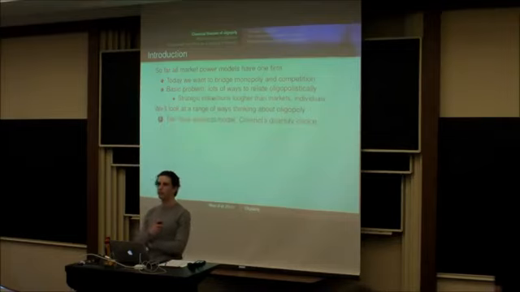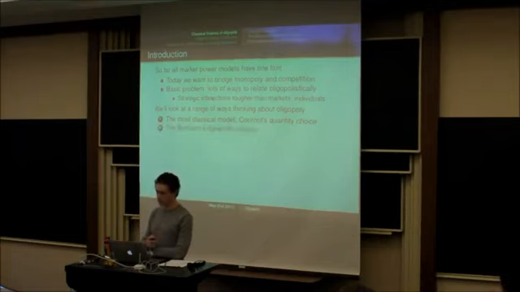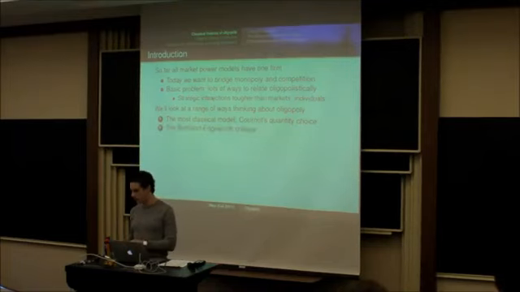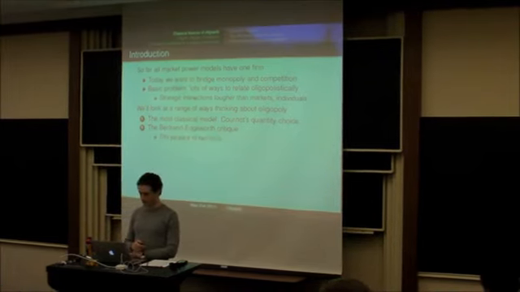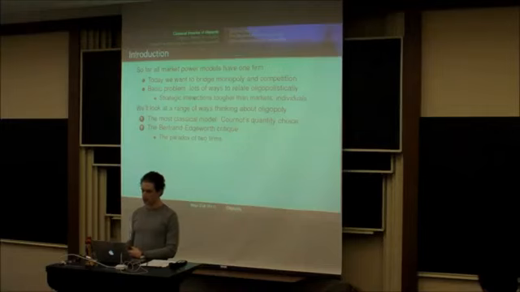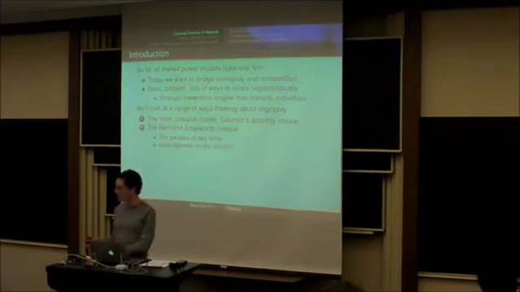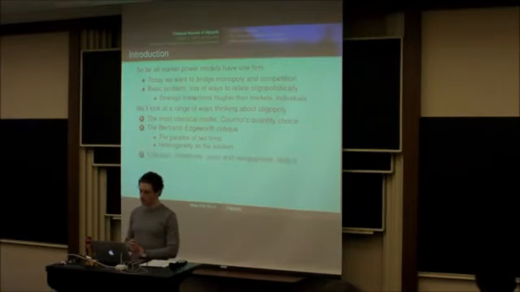So today we're going to look at a range of different ways of thinking about oligopoly. So we'll start with the most classical model, which is Cournot's model of quantity choice. We'll then look at the so-called Bertrand-Edgeworth critique of the Cournot quantity choice model, and we'll talk about both the paradox of two firms and then heterogeneity of various sorts as solutions to this problem.